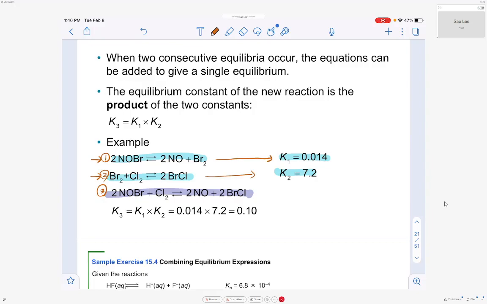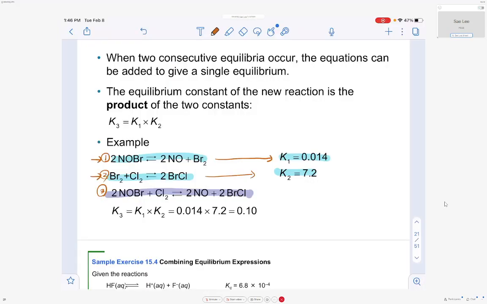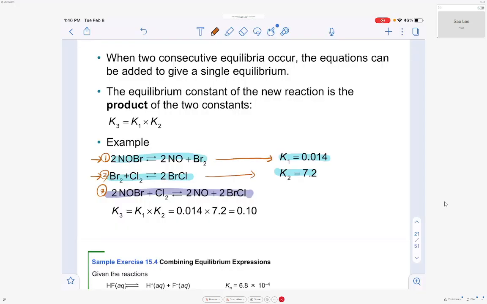Sorry, my Apple Pencil is not working. It's weird. Okay, it's working now. Oh, what's going on?